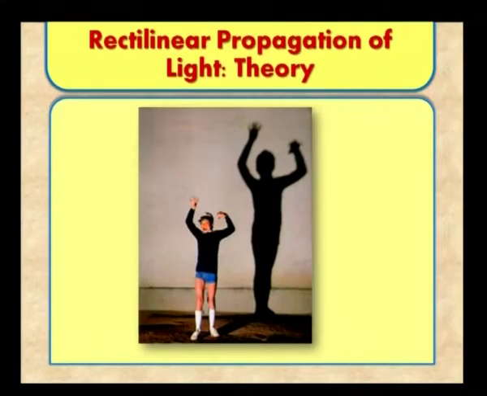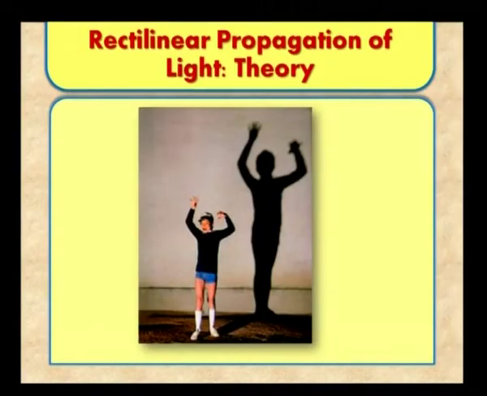What do you mean by rectilinear propagation of light? As I told you, when light is incident on an obstacle, here the obstacle is a boy standing, and there is a wall, and the shadow is cast. The formation of the shadow which you see here can easily be explained if light is travelling in straight lines.